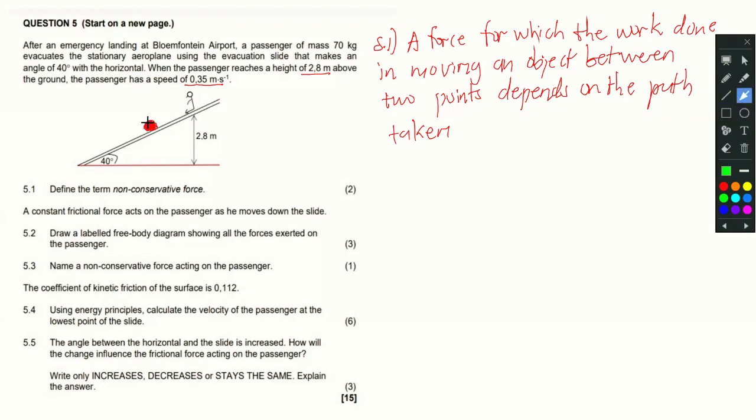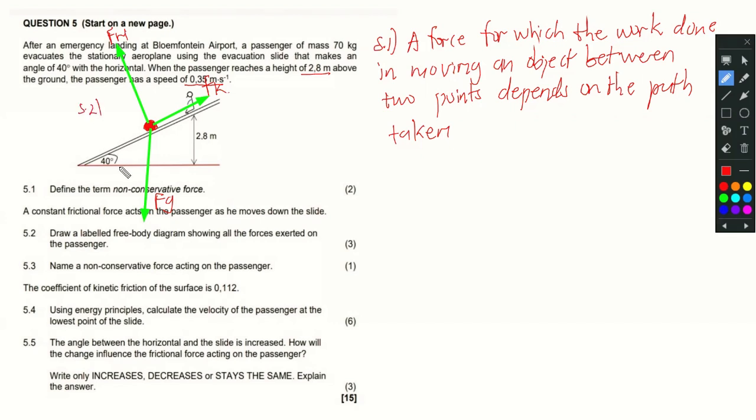Perpendicular to the slide will be our normal force. We don't resolve our gravitational force, we just throw it straight down. Then we know that there's friction, and friction must always oppose the motion. So there we go. We have kinetic frictional force, the normal force, and also the gravitational force. That's how you would get your 3 marks for 5.2.